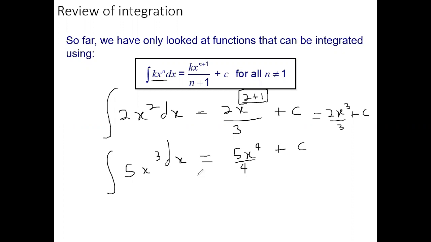Good. Now, the very last example I'll demonstrate is the case of a function like this, x raised to the power -1 dx. The rule says we should add 1 to the exponent, right? But in this case, when we add 1, -1 plus 1 will give you 0. And then if we attempt dividing by 0, we'll get what? Infinity.